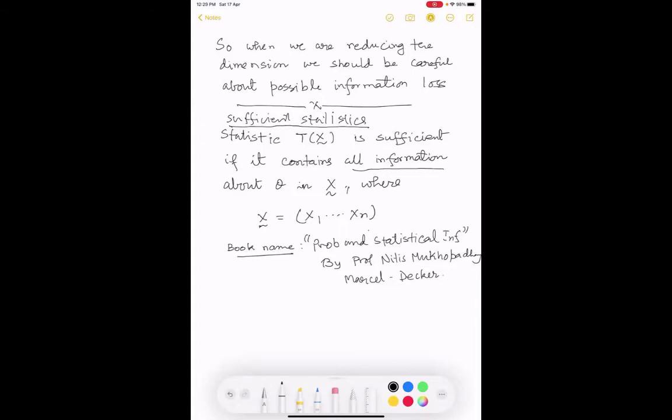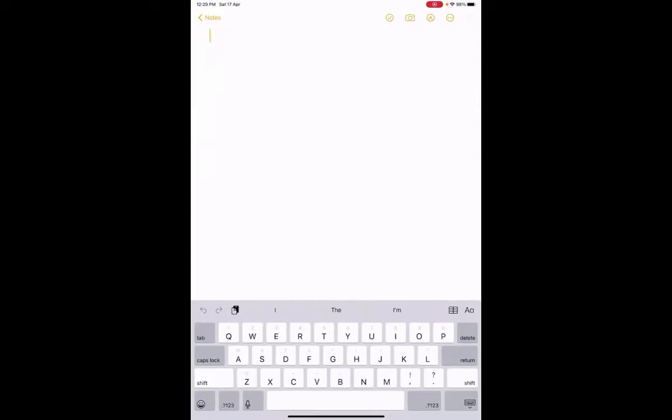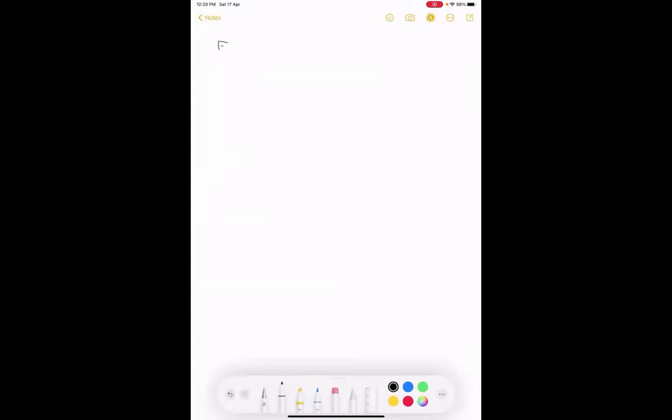Fisher defined information in a very particular way. So let's go first to what is called Fisher's information.